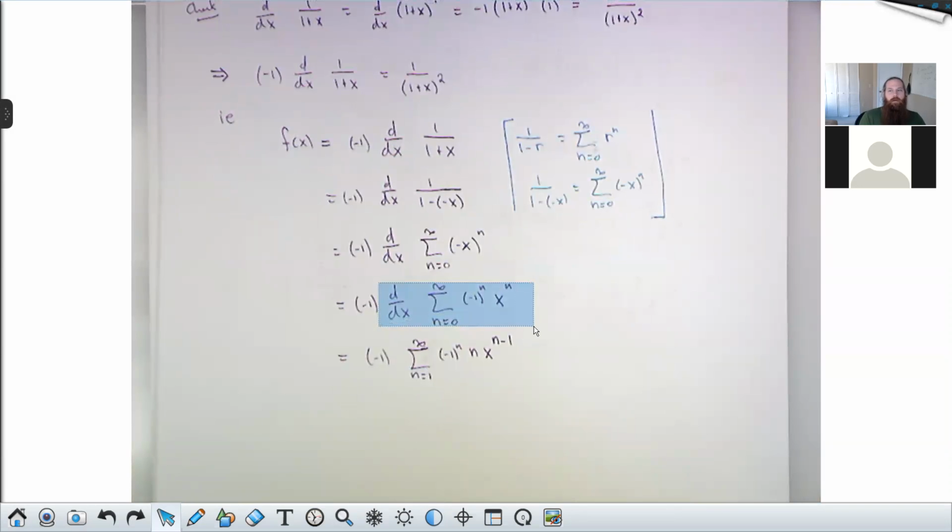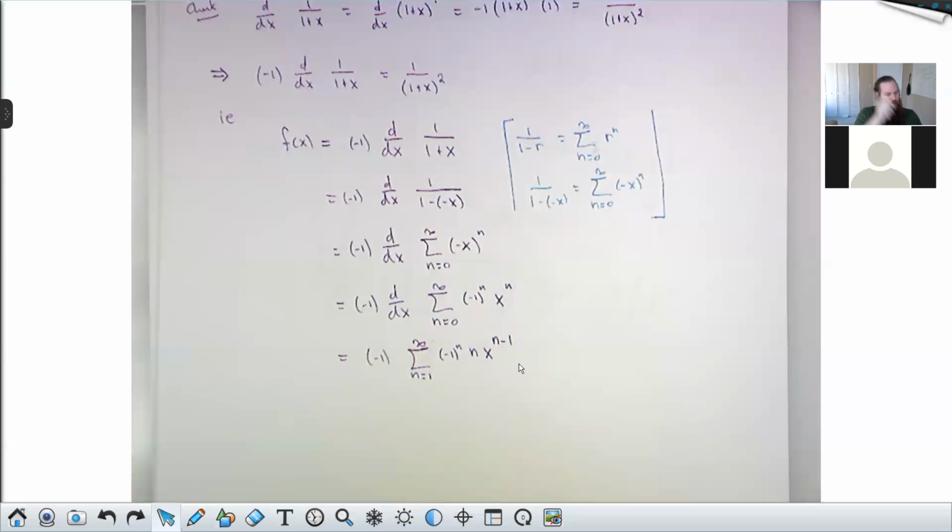This is 1 minus x plus x squared minus x cubed. So the 0 bumps up to a 1 because the series I'm differentiating does have a constant term. You may want to look back at your notes from 11.9. And then when I go to differentiate, it's just this piece that changes. X to the n differentiates to n x to the n minus 1. It's a power rule.